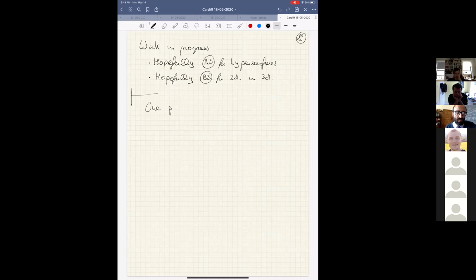So one possible interpretation of theorem A is that minimizing currents mod 2k plus 1 is really a free boundary problem.